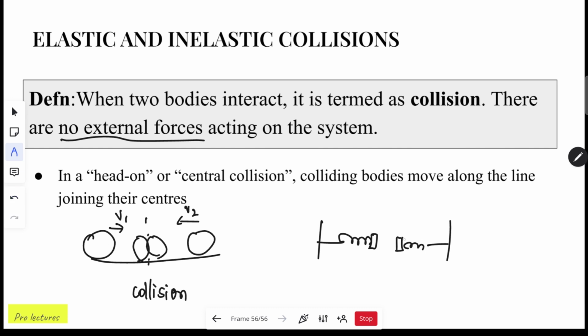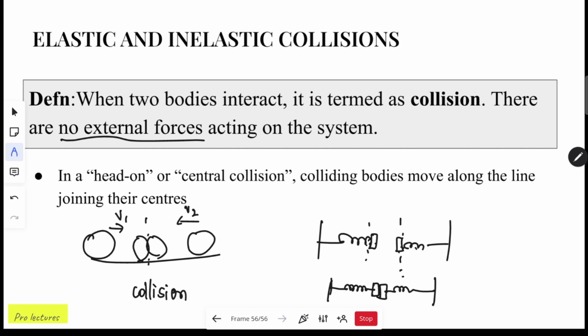See another compressed spring. If the equilibrium position of this spring is here and the equilibrium position of this spring is here, they will collide.